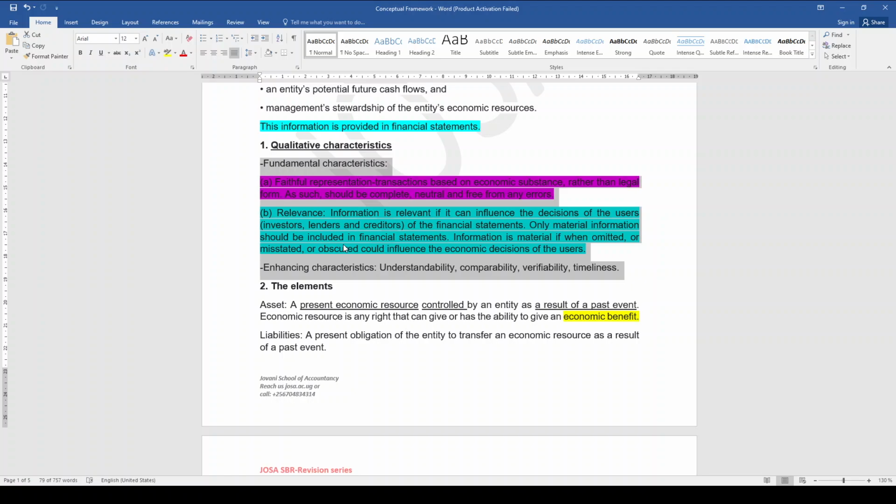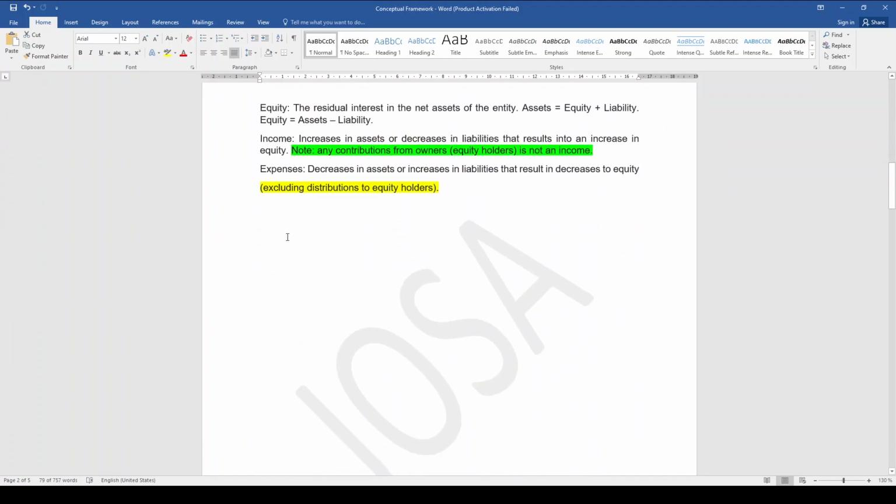And is this recognition really providing faithful information and therefore gives the readers of these financial statements clear entity performance as well as position? So those are the 3 major points that we look at under recognition.